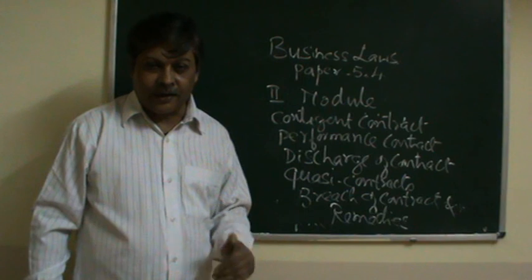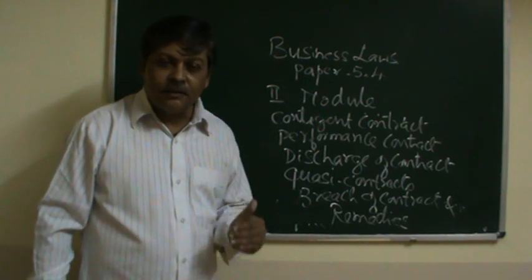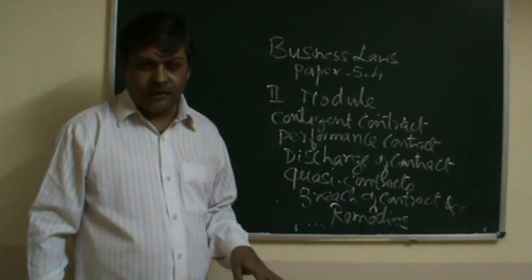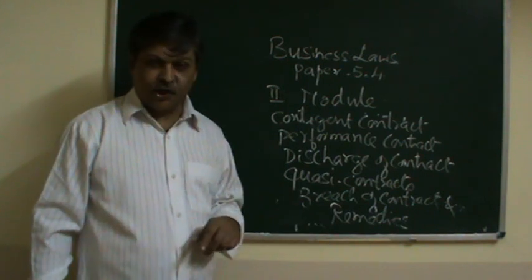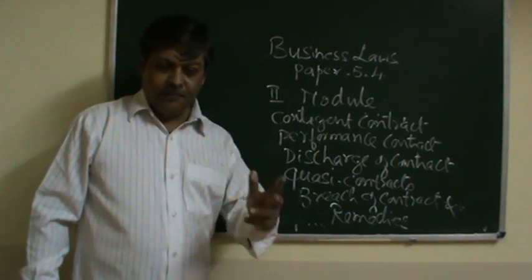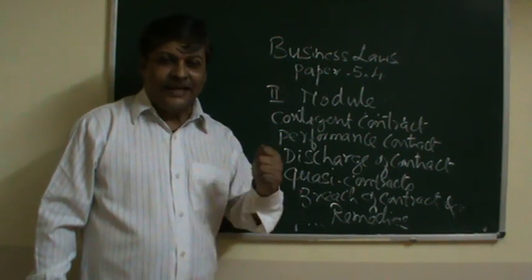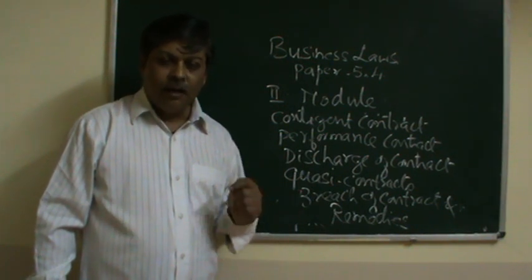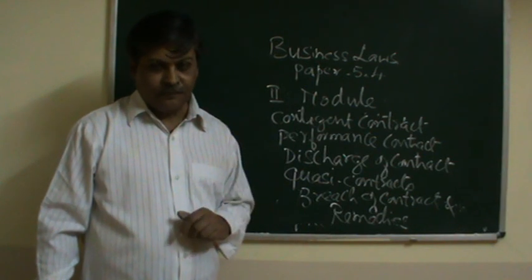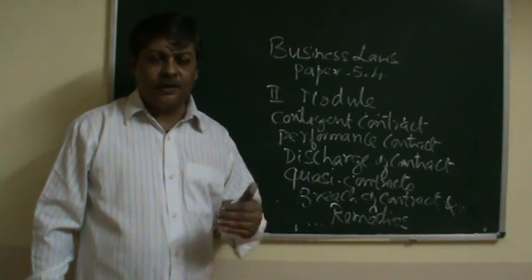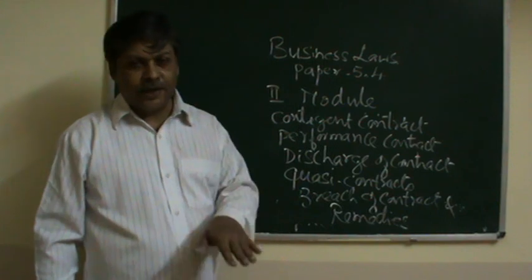If any party breaks the terms and conditions of the contract, that is called breach. There may be two types of breach: anticipatory breach and actual breach. So two types. What are these? Anticipatory breach and actual breach.